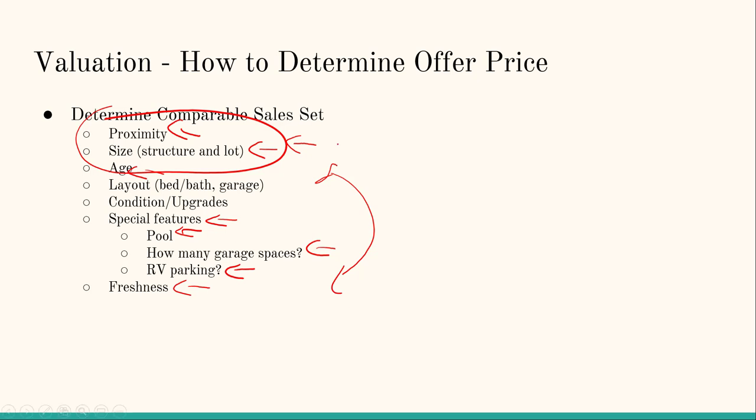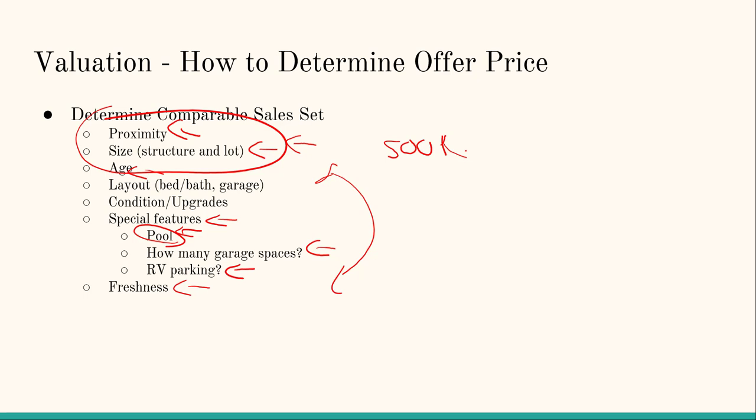You can do adjustments too. So for example, if your property has a pool, but you find a really good comp that's very similar but doesn't have one, let's say the house that's very similar but does not have a pool sold for 500K. You can estimate the value of the pool.